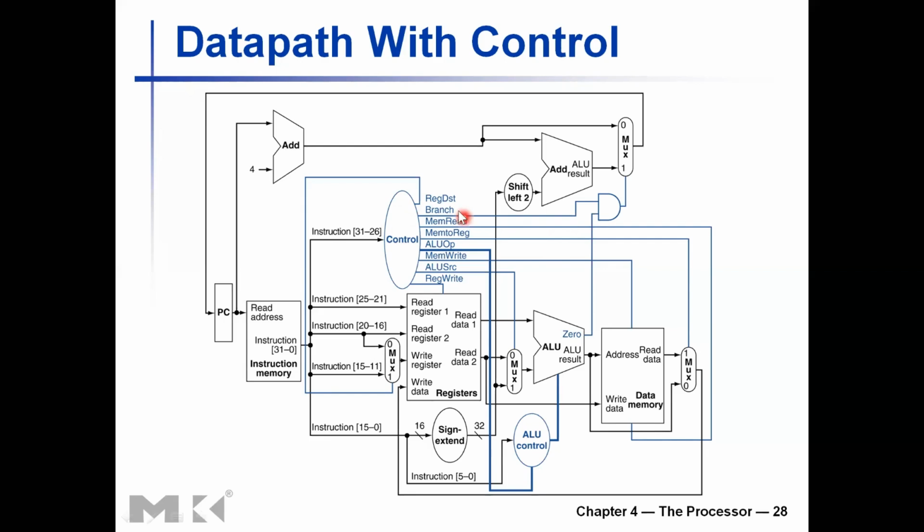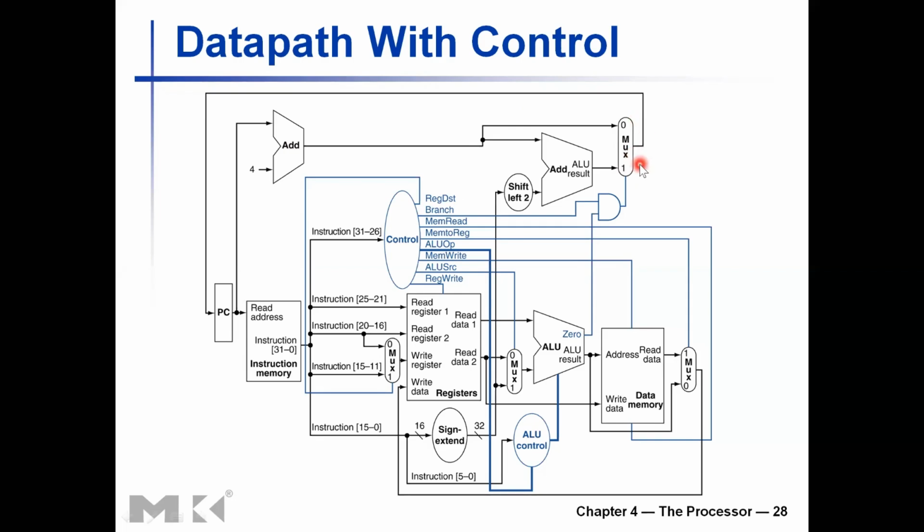If the mux is getting that signal as 0, then it will add just 4 and go to the next instruction. Yes, if you send a 0 from here to that mux, you're only adding 4 to the program counter and going to the next instruction.